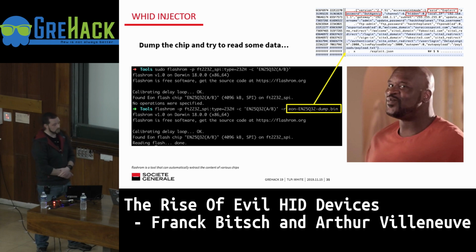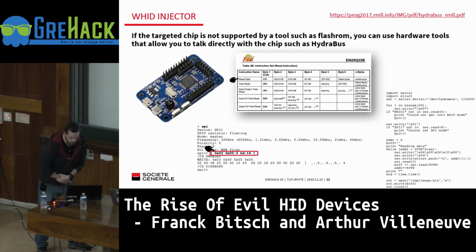And as a reverse engineer, you try to run strings first, of course. And you see that you have some intelligible data with a password. So let's continue the investigation. But before, if the flashrom that we used previously doesn't work, you can use a tool like AdWebus to talk directly to your chip.